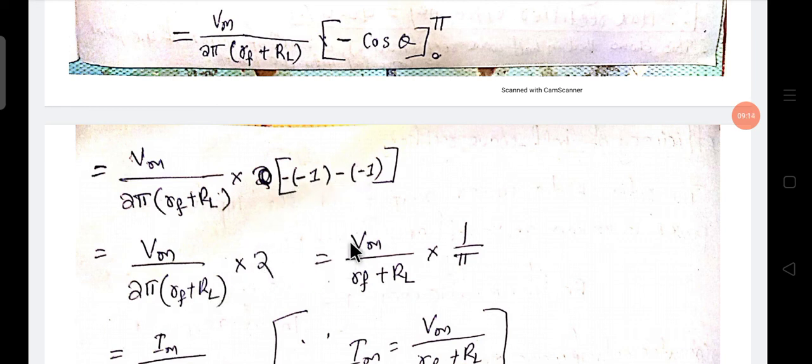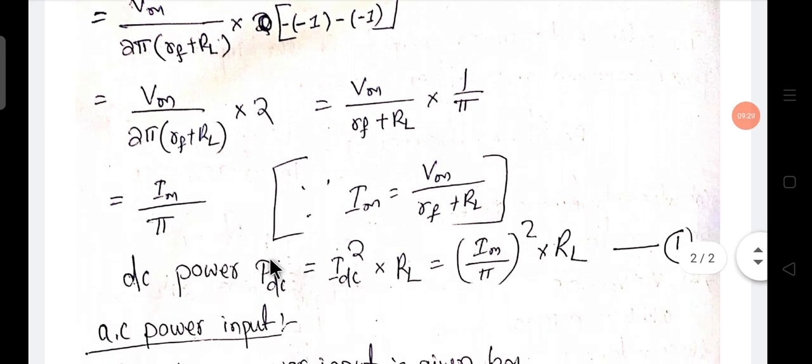Then Vm by Rf plus Rl multiplied by 1 by pi, because 2 and 2 cancel out. Then Im by pi. Im, what? Previously we know that Im is Vm by Rf plus Rl.